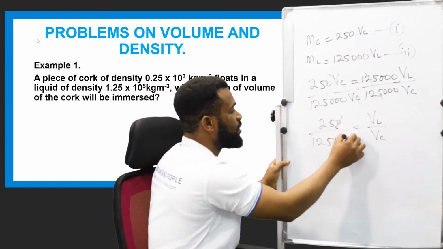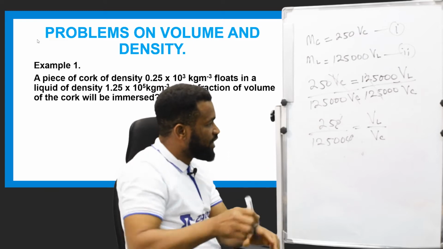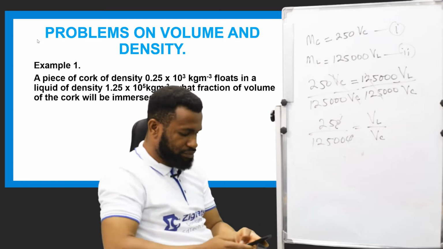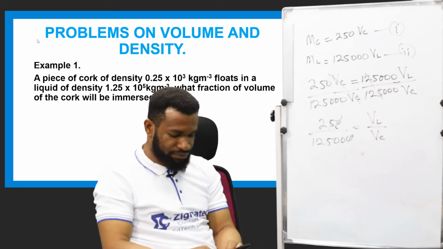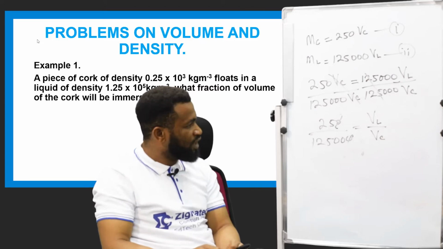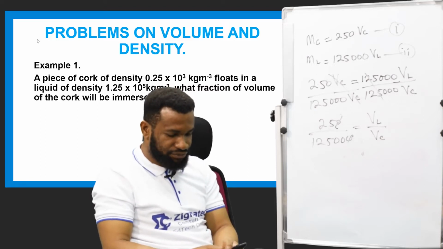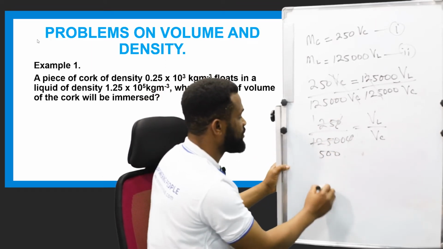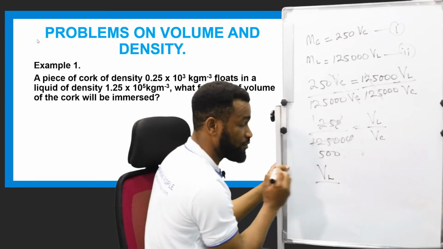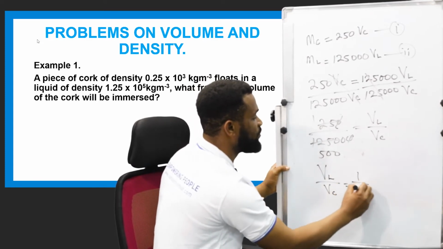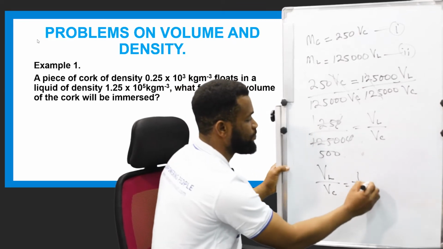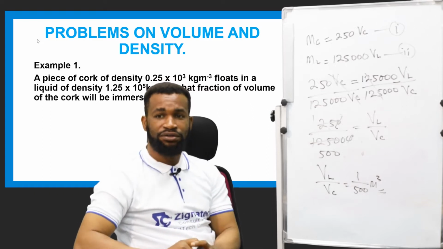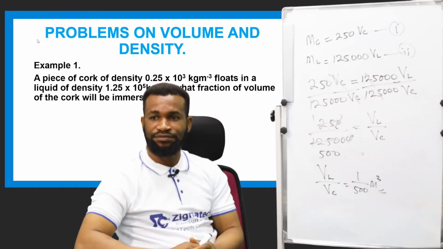So in this case, when you cancel the zeros here, you now have 125,000 divided by 250, which is 500. So you have the volume of the liquid with respect to volume of the cork as 1/500 meter cube. And this is the fraction of the volume of the cork that was immersed in this liquid.